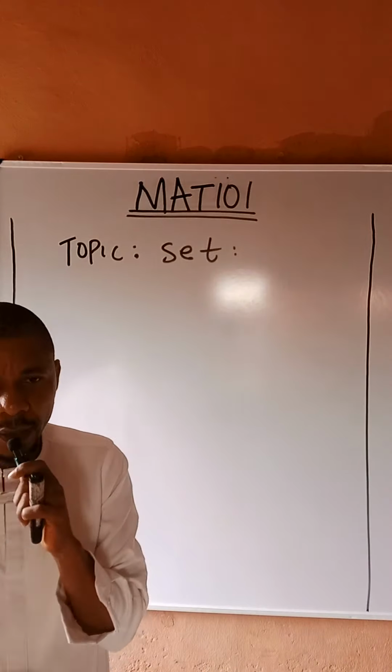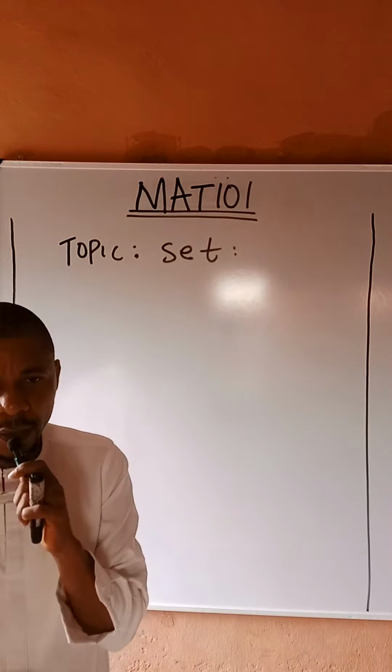So the first one I am going to talk about, number one, is an empty set. So what is an empty set? An empty set is a set without any element or number. So any set that does not contain an element is said to be an empty set.